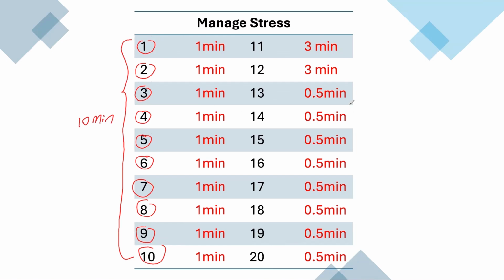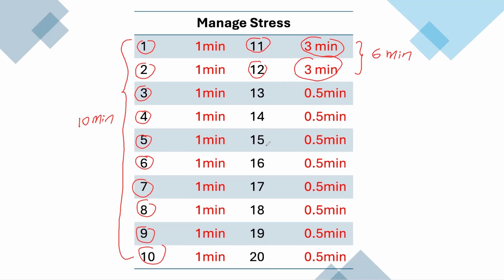Now we are left with 10 more minutes to complete the 20 MCQs. But when you go to somewhere around question number 11th, 12th, a little bit in the middle, they'll put 1 or 2 questions that are a little bit time consuming. For an example, if I take 11th and 12th questions, let's say they each take 3 minutes. So that means altogether it takes 6 minutes for me to do these 11 and 12 questions.